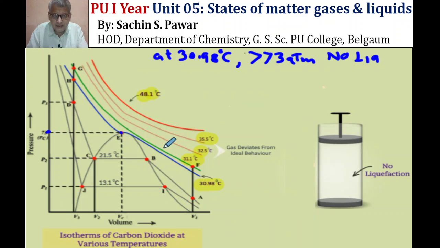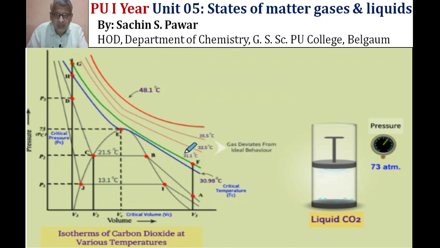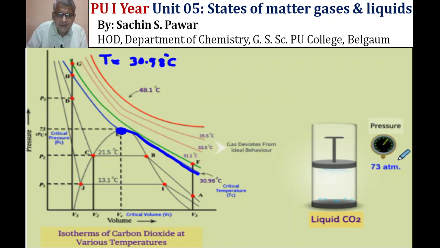But when you go for a temperature of 30.98 degrees Celsius, you see the curve, the pressure is increasing with the decrease in the volume, but the volume decrease is less than the increase in the pressure, and I come to the point where the pressure is 73 atmosphere.